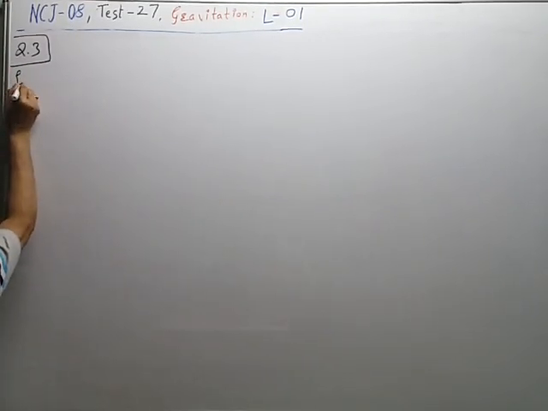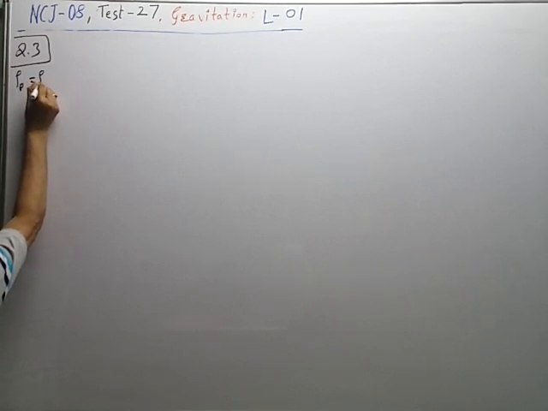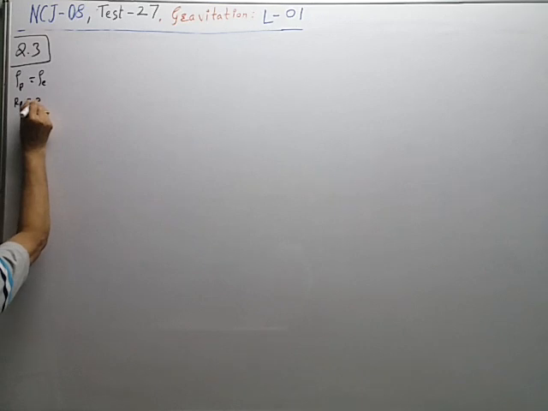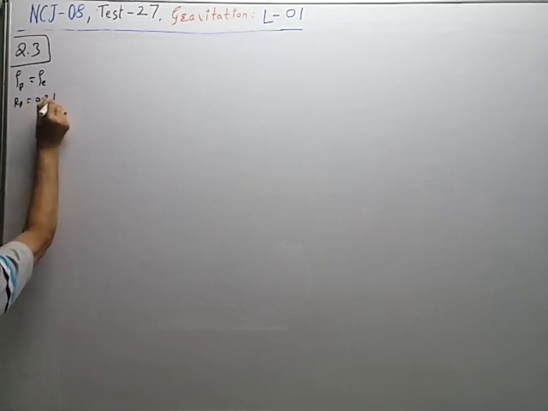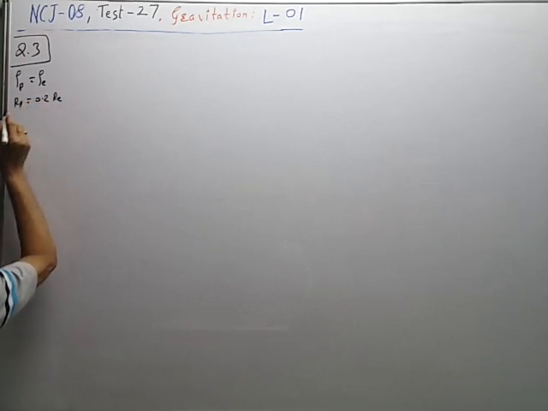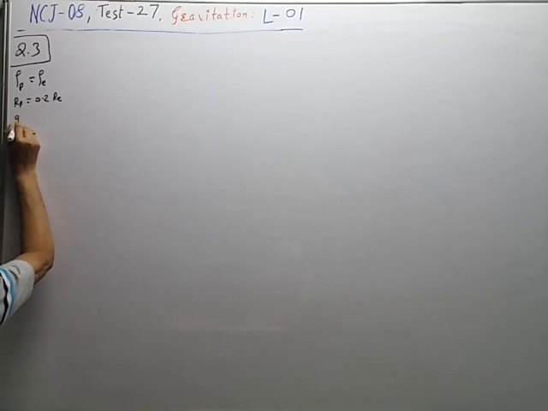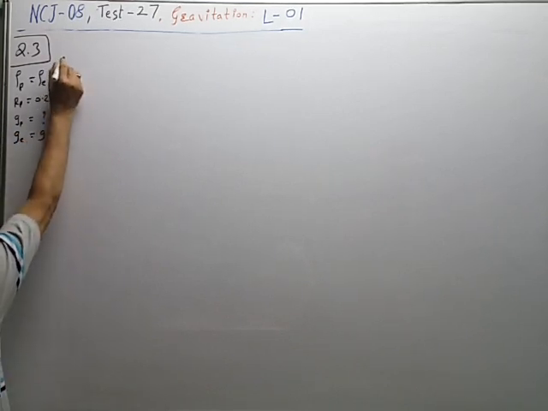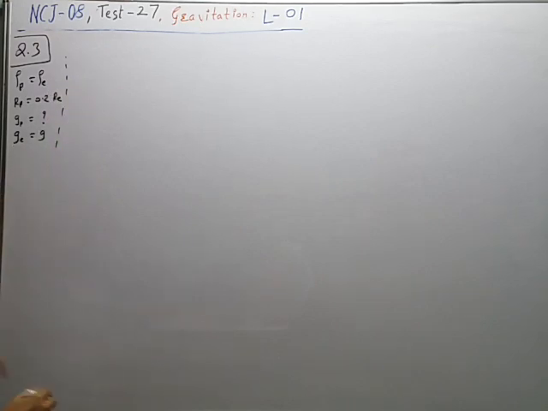Rho p for planet is equal to rho e for Earth. Radius of the planet Rp is equal to 0.2 times the radius of the Earth. So gravitational acceleration on the planet gp is equal to question mark. Gravitational acceleration on the Earth is equal to g.